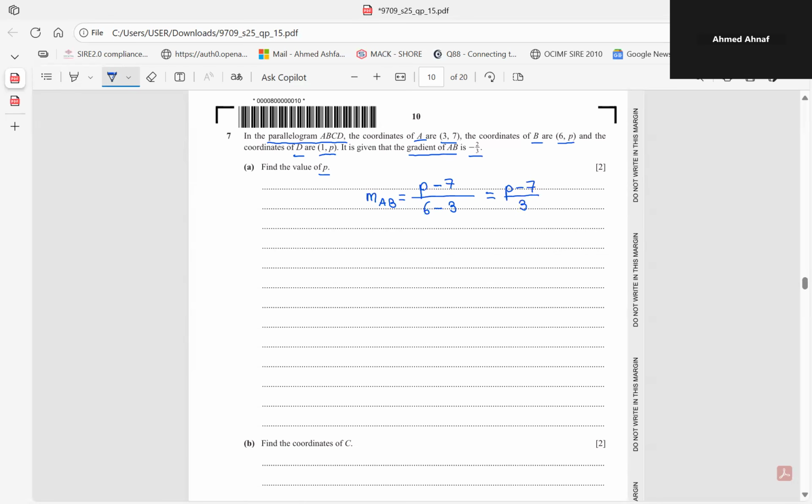So (p minus 7) over 3. Now equate this to the gradient of AB, which is minus 2/3.